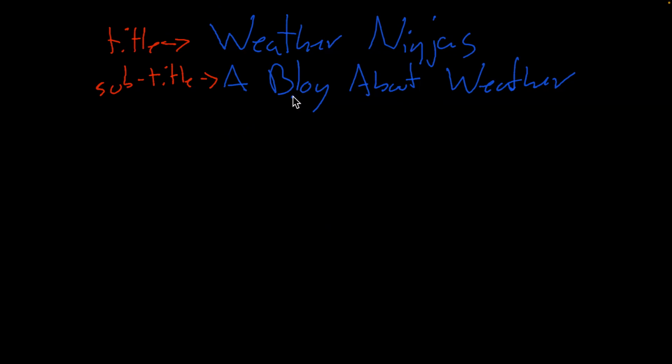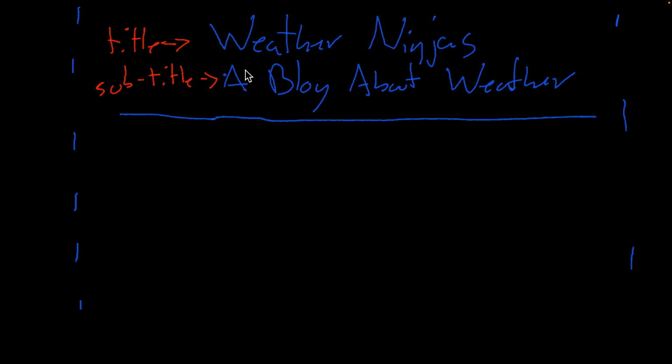And let's make a line across the page. So let's assume there's like a boundary here, and a boundary here. The red are comments, they're like invisible. Weather Ninja is a blog about weather. Okay, and I'm also going to draw a line across the page to differentiate the title from the rest of the site.